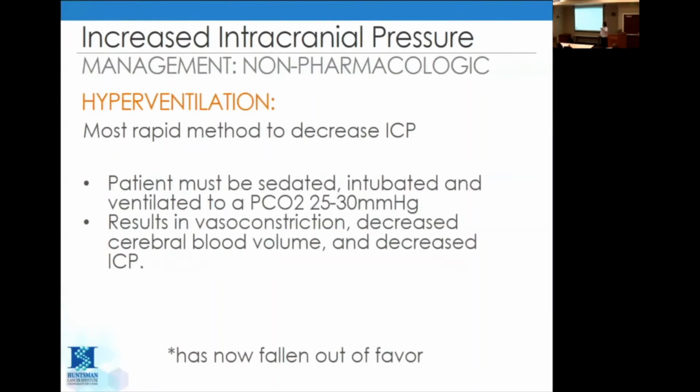Hyperventilation. This has actually fallen out of favor, but hyperventilation is going to do what to my CO2? If I'm breathing 30, 40 breaths a minute, I'm going to breathe off all that CO2. Do you know what CO2 does for vasculature?